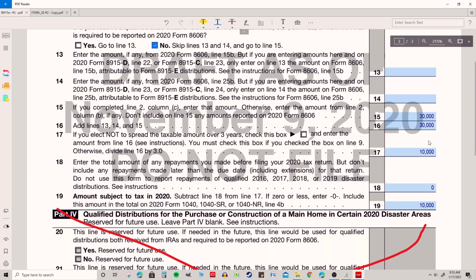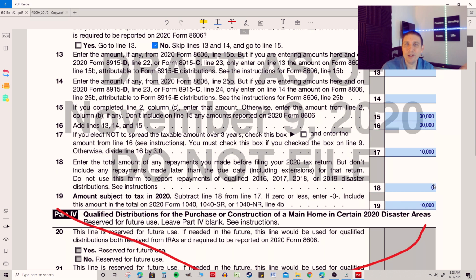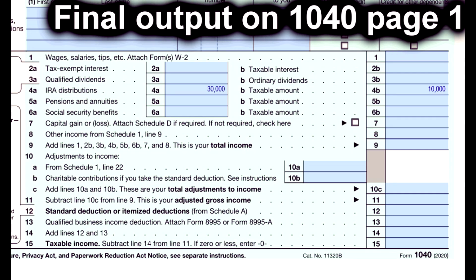And we're just going to divide 30,000 by 3. You get 10,000 here. We're not going to have anything repaid here for the sake of this example. So therefore, on line 19, the amount that's subject to tax is $10,000. The amount is going to be reported on line 4B, which we're showing right now on the 1040 form. That is where this number ends up at the end of the day.